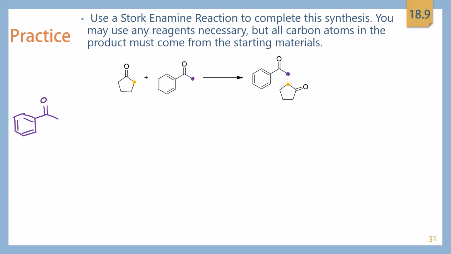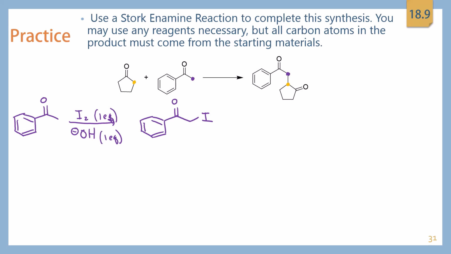So if I take acetophenone and I react it with, let's say, one equivalent of molecular iodine and one equivalent of hydroxide, so one equivalent of each, I'm going to end up putting a halogen, one iodine, on the alpha carbon. So now if I make an enamine out of cyclopentanone, it's going to be able to attack this carbon and I can get to my product.